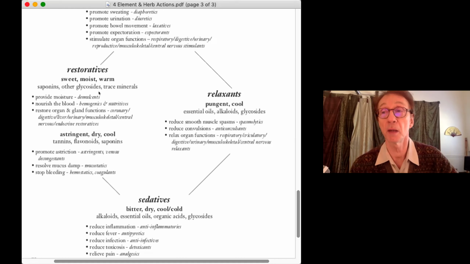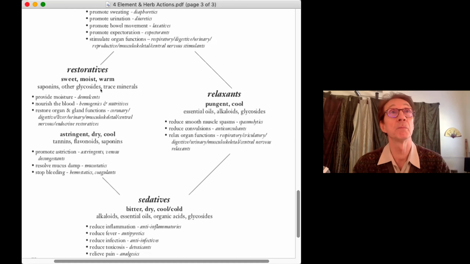We really need to be using more of the sweet, moist, warm restoratives, like white Asian ginseng, American ginseng, Panax, the dangshen, Codonopsis from China. Also, there's another Chinese herb, I don't know if you have it, Polygonatum huangjing. It's a Solomon's seal, Siberian Solomon's seal. You can also use other types of Solomon's seal, right?